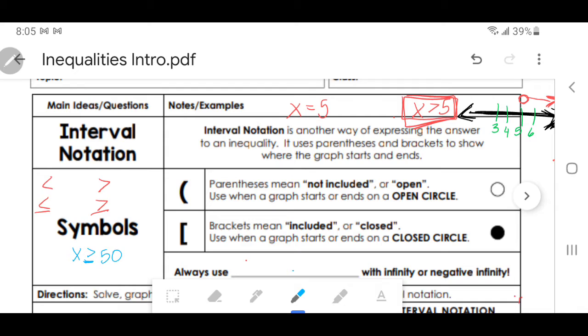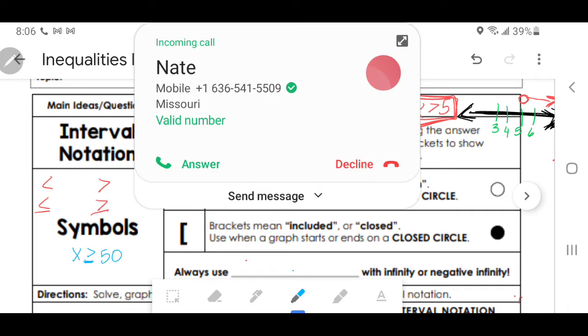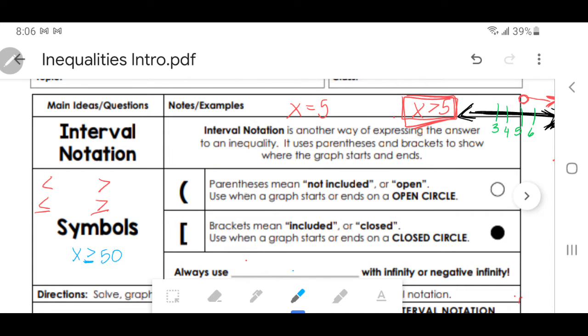So when we express an inequality with the equal sign, okay, using interval notation or graphing, we have to be able to differentiate between those, okay? So how are we going to do that with these interval notations? So a parenthesis will mean that we have a less than or a greater than, okay?